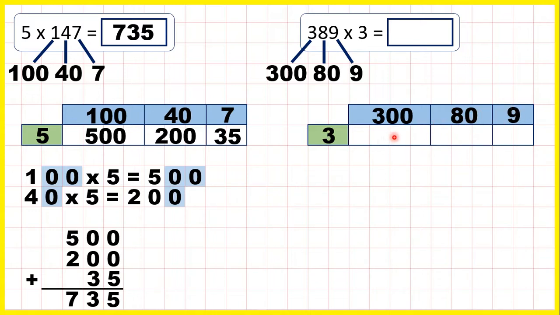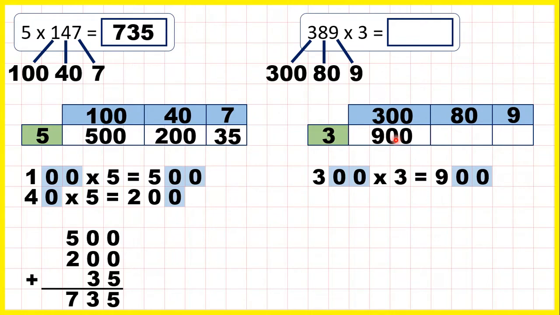Now for this box here, we need to work out 300 times 3. That's 900, because 3 times 3 is 9. Then if we have 2 end zeros in the question, we need 2 end zeros in the answer. So that's 900.